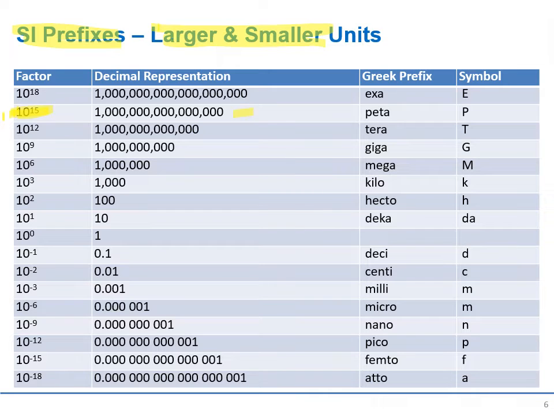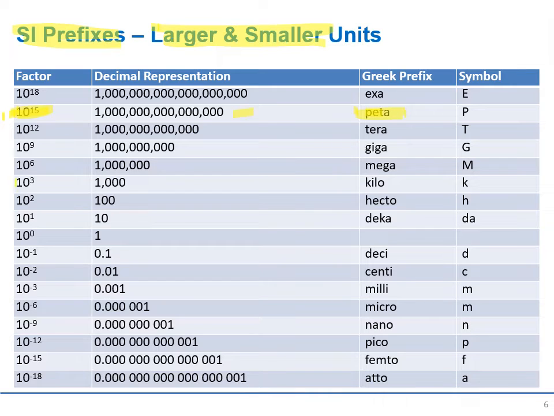This factor is known as peta. So you can write 5 petaseconds. Instead of writing 5 into 10 raised to the power 15 seconds, you can say 5 petaseconds. Now suppose you have 9 kilograms.